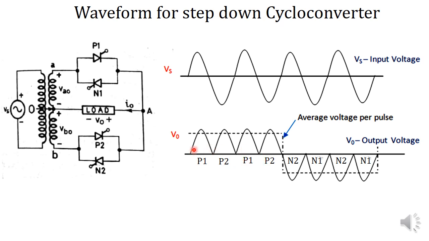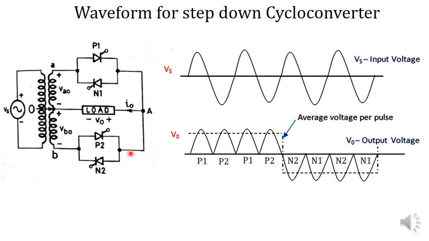So until we turn on P1 and P2 continuously, we will get only positive pulses or positive half cycles. Then after a while, when we have to get the inverted voltage, we will operate only N2 and N1. Let's see what happens when N2 and N1 are operated.